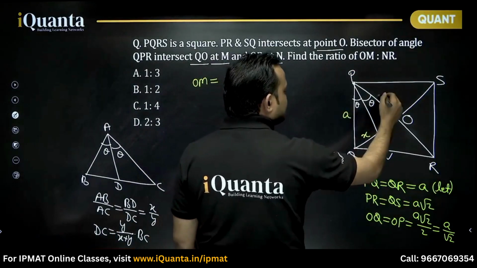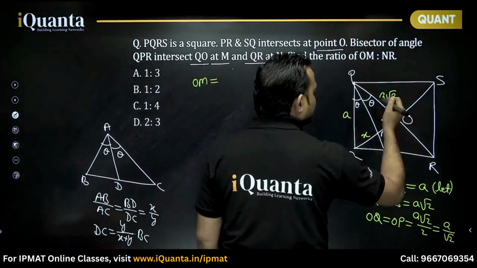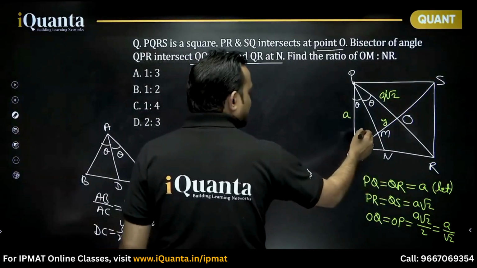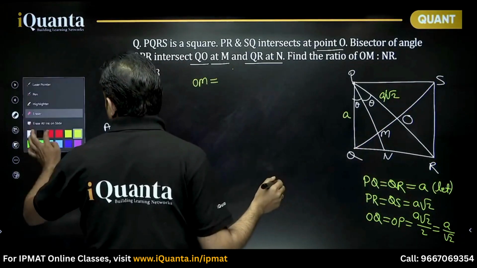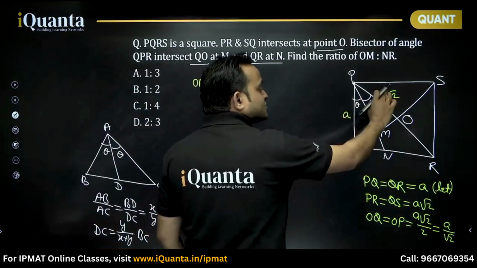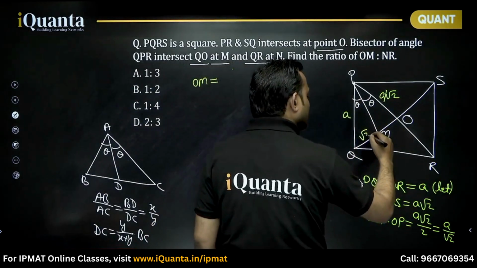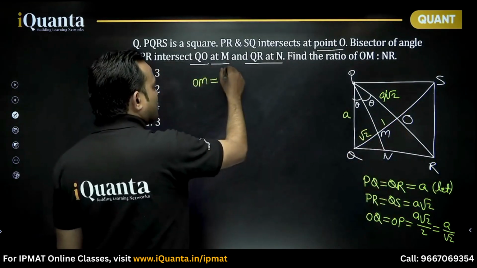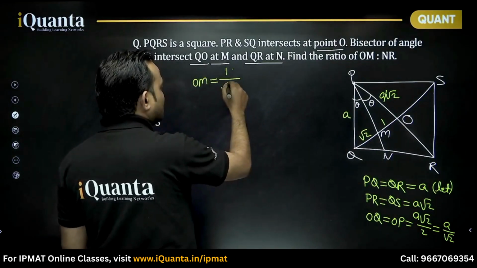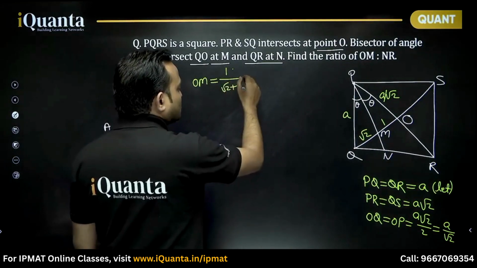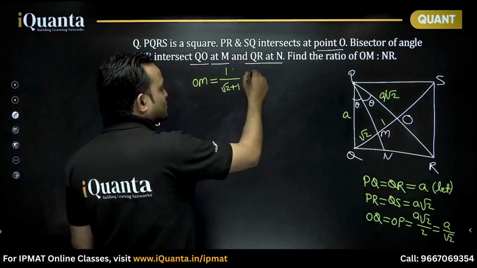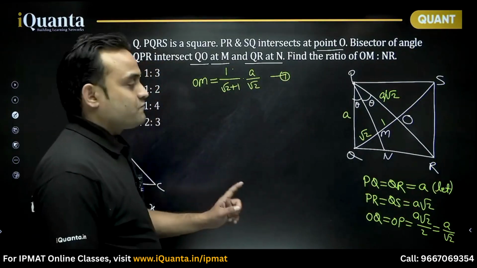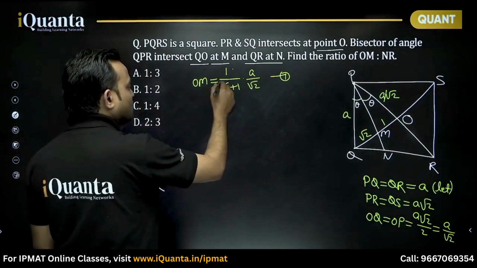In that case, the ratio of QM is to OM will become 1 is to 1 by root 2, or root 2 is to 1. The ratio of QM is to OM is root 2 is to 1. So OM will be equal to 1 by root 2 plus 1 into the length of OQ, which is equal to A upon root 2. This is our first result regarding OM.